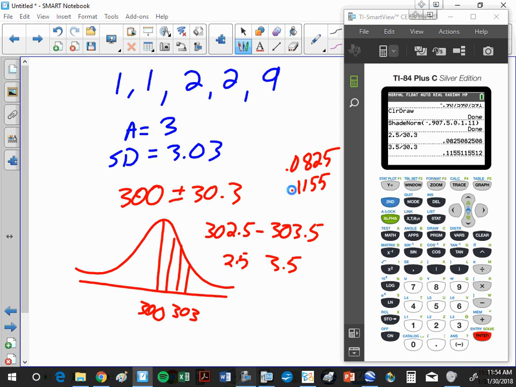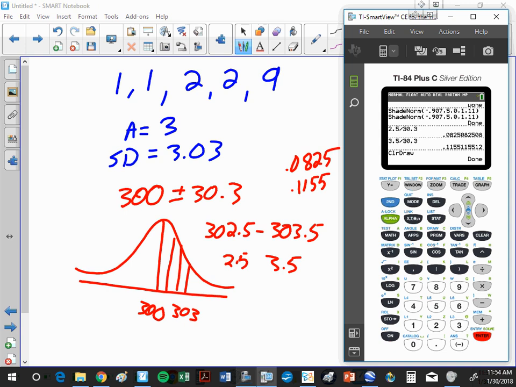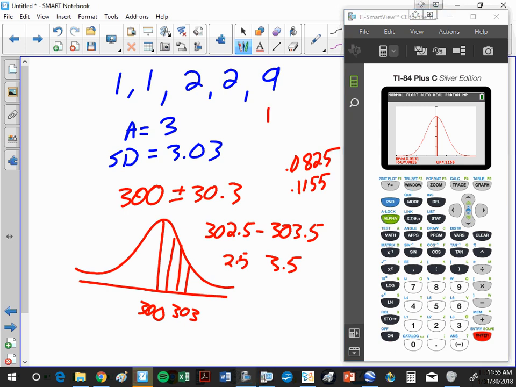Okay, clear my draws. So we are going to shade norm from 0.0825 up to 0.1155. And we get 0.013. So 1.3%. Is that my answer?